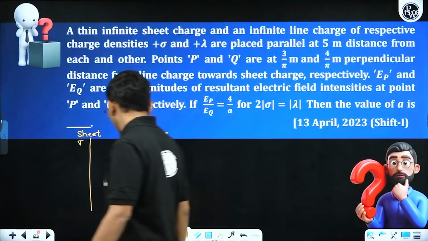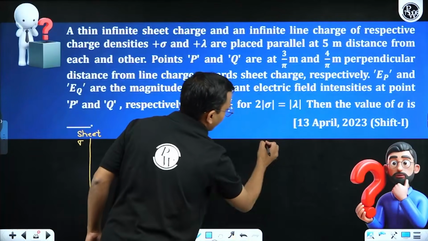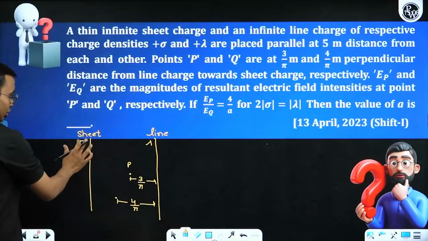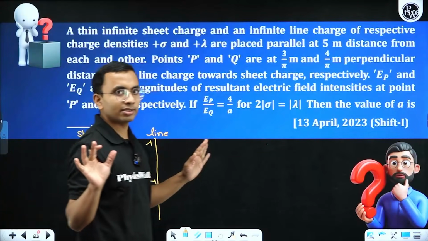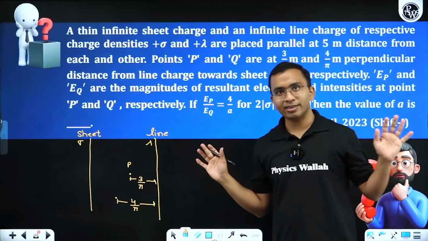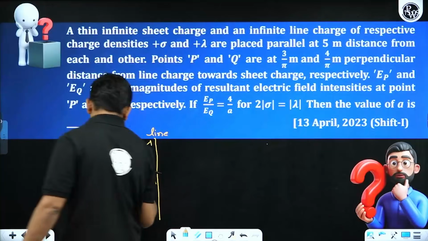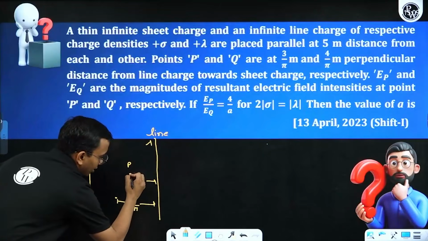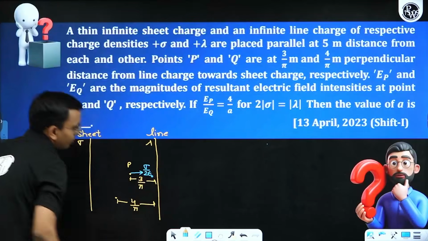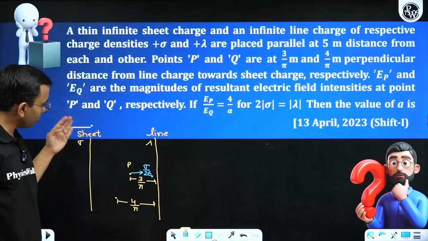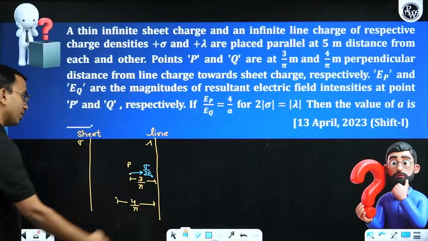At P, due to the sheet, we know the formula sigma by 2 epsilon naught, which is independent of the distance because it is constant. Due to the wire, the direction is clear: this is positively charged, so the field is away, and due to the line it will also be away on the other side.